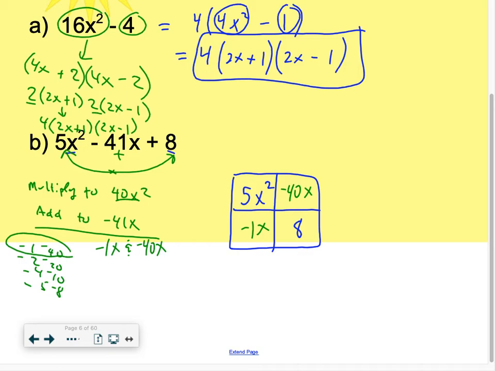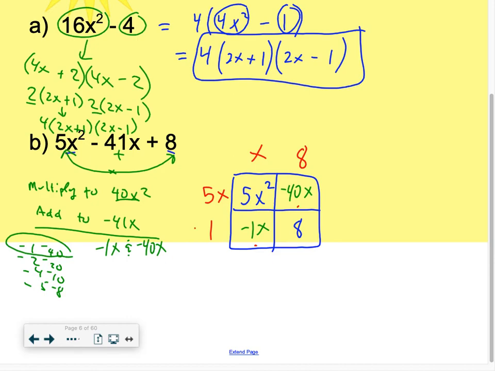And then our last step is to take out the GCF from each row. I can factor out a 5x, just a 1, just an x, and an 8. And now this is a little bit unusual situation. If we check by multiplying, we get our 5x squared and our 8, but we wouldn't be getting these negatives in these 2 corners.